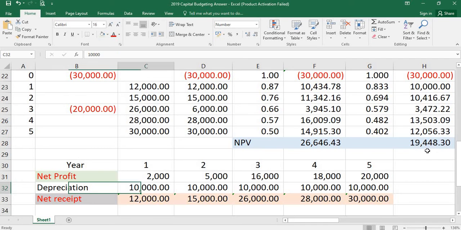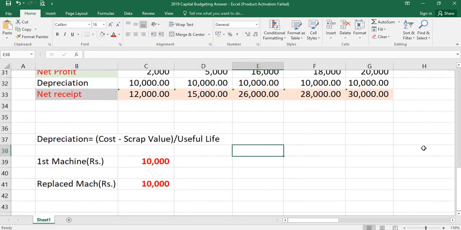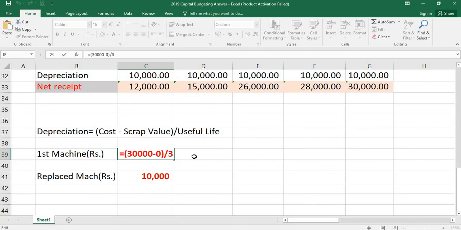Here, at the beginning they are using a machinery, but at the end of the third year they will replace it with another machinery. So depreciation is cost minus scrap value upon useful life. For machinery 1, 30,000 is the initial investment, and there is no scrap value because the value of the machinery used for project B would be nil at the end of the project.